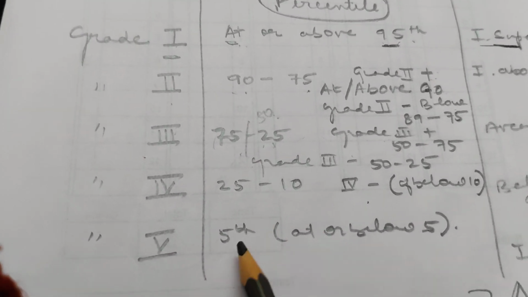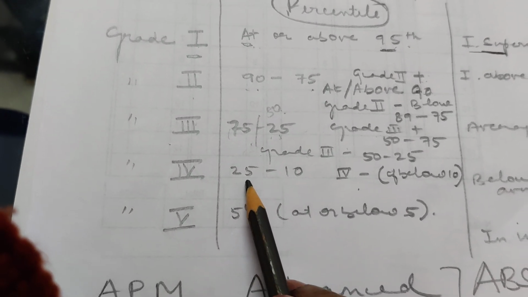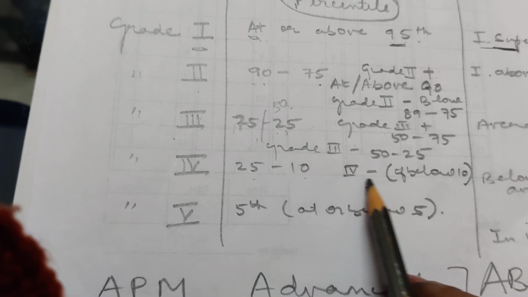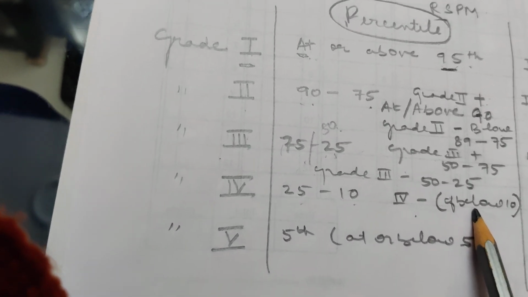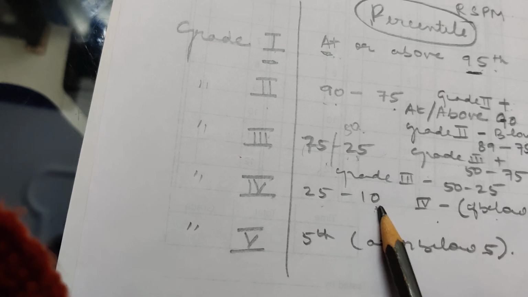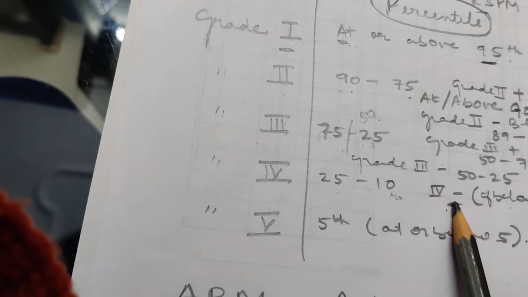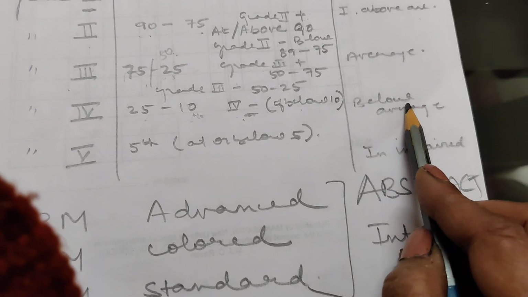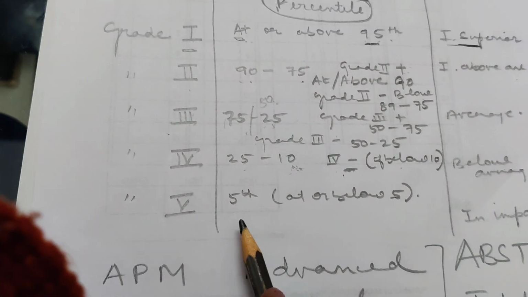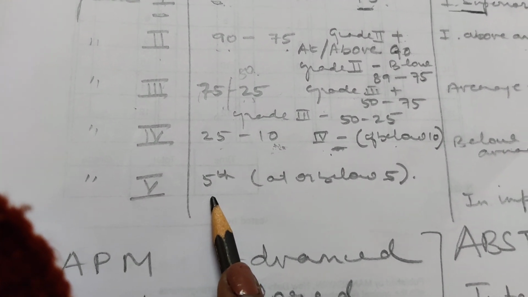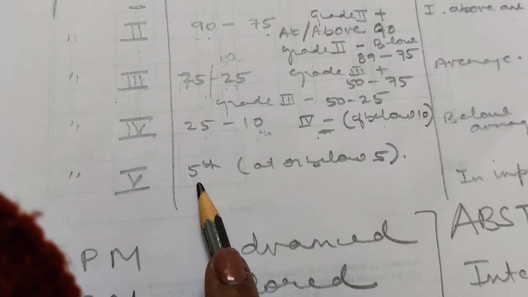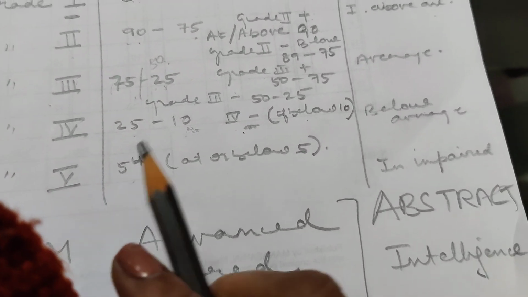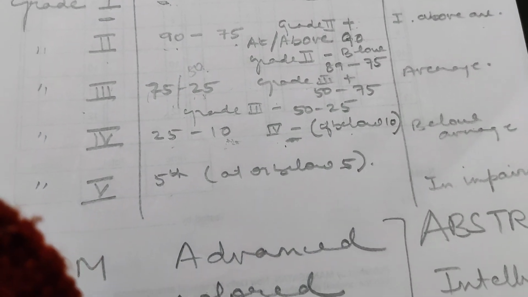The next category, grade 4, is of 25 to 10th percentile. Here, if you get below 10, then only you are grade 4, below 10, right? And you are below average. Your discrepancy is below average. But if you are at the 5th or below the 5th, then you are grade 5, which is intellectually impaired or intellectually deficient.